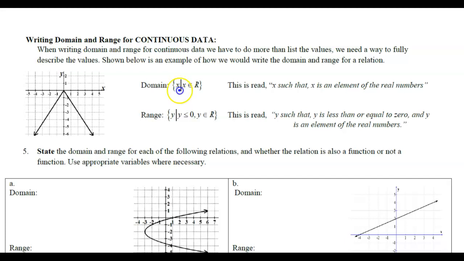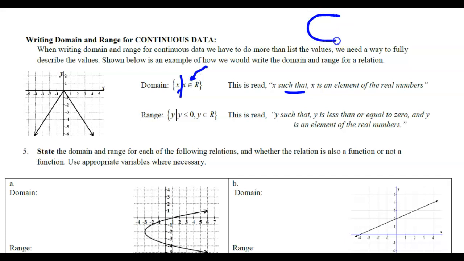So you put an X if that's the variable you're using for domain. And then a vertical line there is the "such that." So I say it: all the values of X such that X is an element of the real numbers. See that funny looking E?